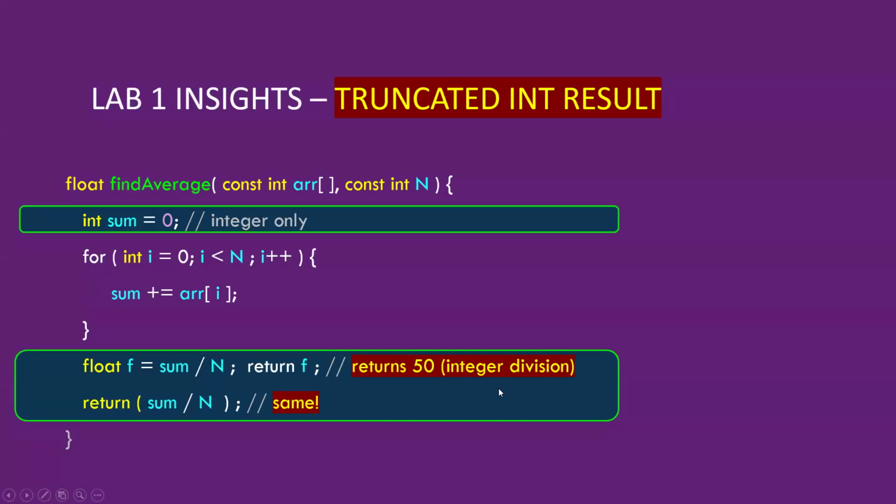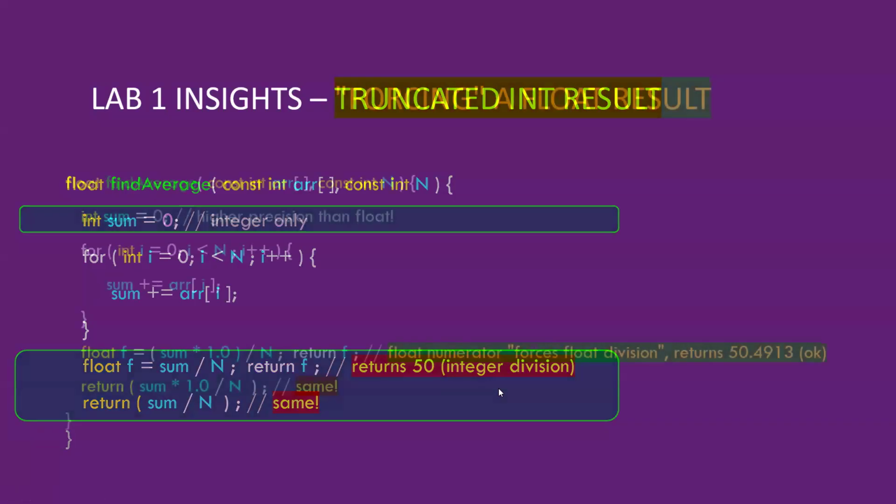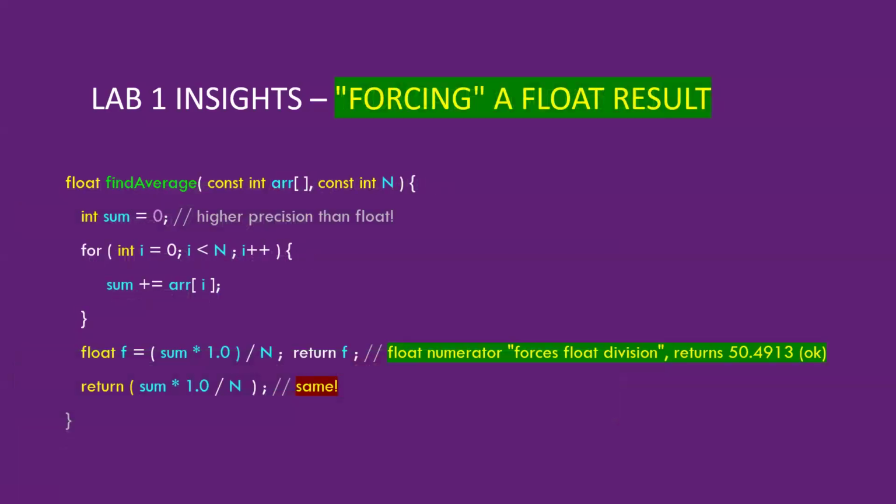So for those of you that got a flat 50, that was a quick fix, not a problem. Lots of ways to get around it, right? We can multiply the numerator by 1.0, which forces the numerator to be a float. Now we have float division. So that's one way to move ourselves into a floating point answer. And then of course, we still need to either assign it or return it and have a float function so it doesn't get clipped on the return.